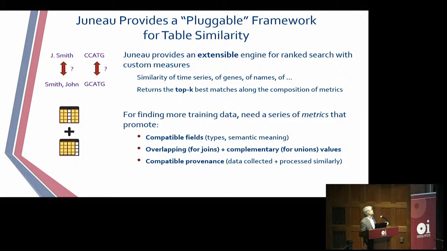So an example is, I can build something that finds similar strings, but now I might need to generalize it to match similar names, right? That's not just string edit distance. And I might also need to specialize it to do things like matching gene sequences, where it's not just a simple string compare, but there are well-known measures.